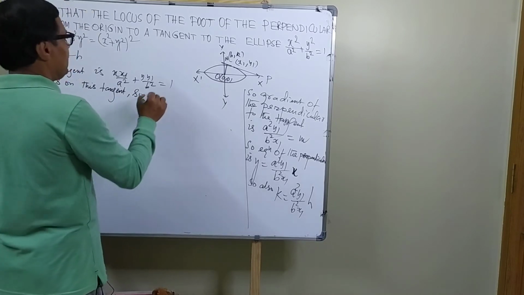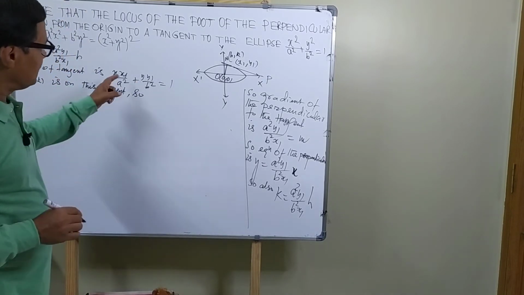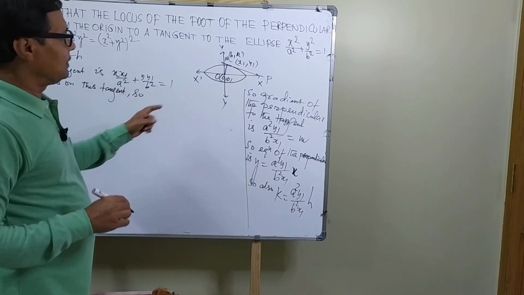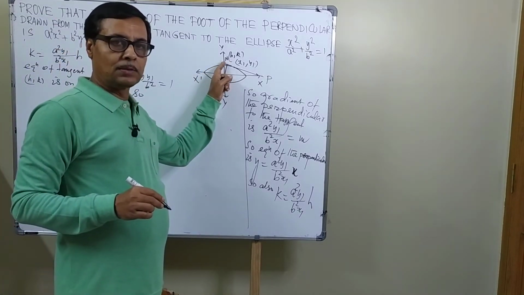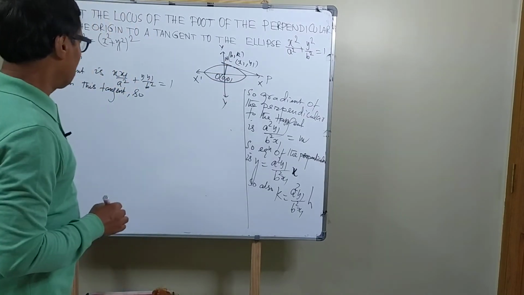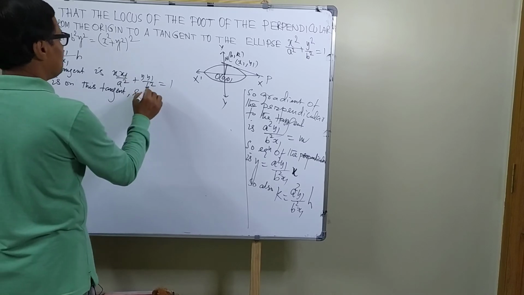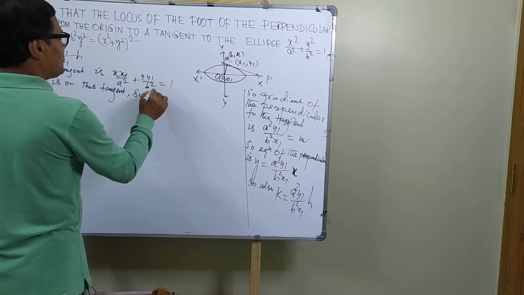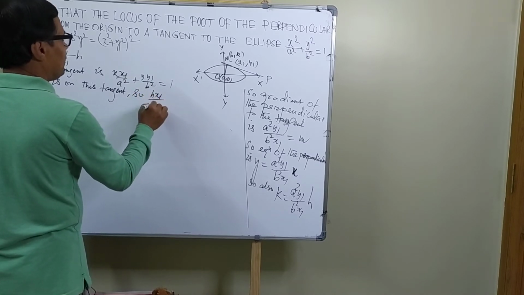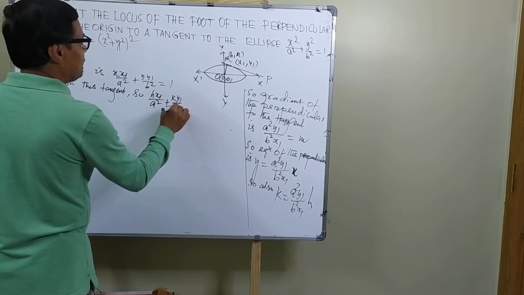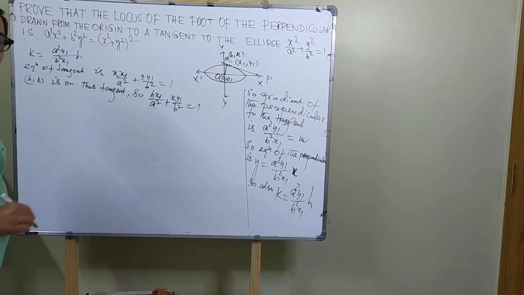We can write (h, k) also satisfies this equation of tangent, as (h, k) lies on the tangent. So (h, k) satisfies the equation of tangent. So we get h x1 over a square plus k y1 over b square equal to 1.